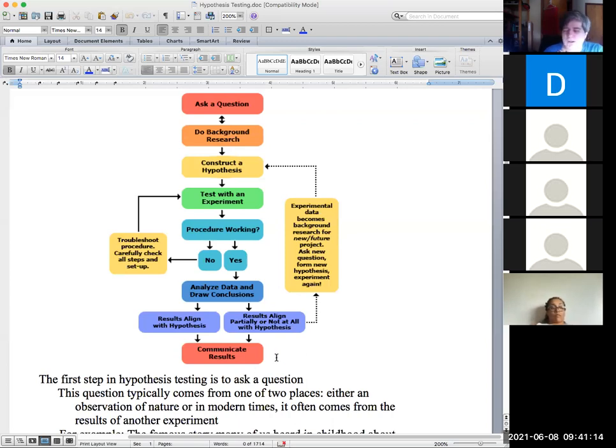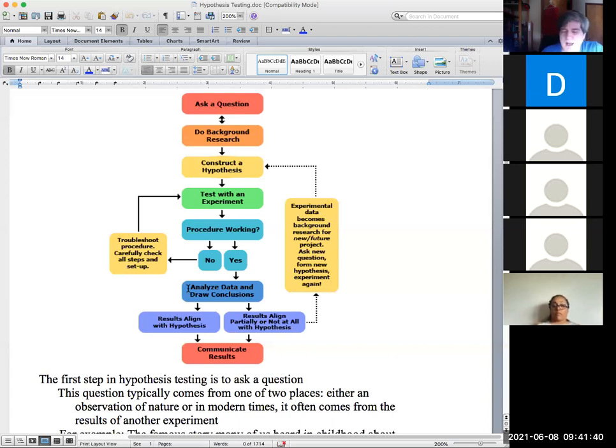Now, not always, but sometimes after we do an experiment and the results align with our hypothesis, so remember what we said, that means we don't reject our hypothesis. So sometimes when the results align with our hypothesis, we test the experiment again in a slightly different way.